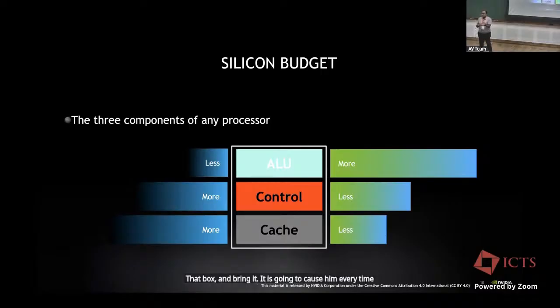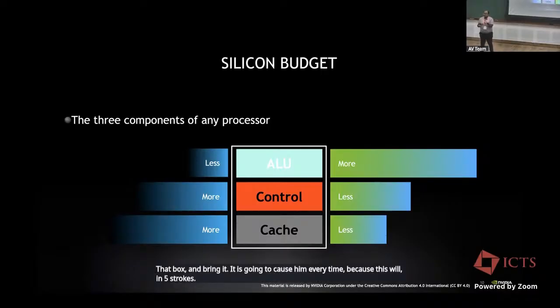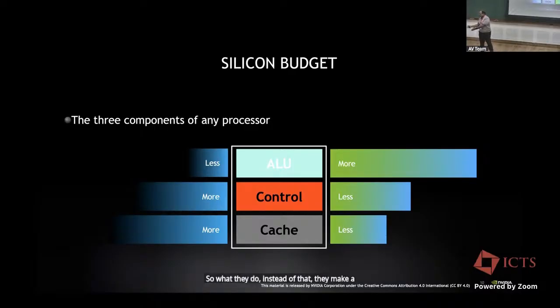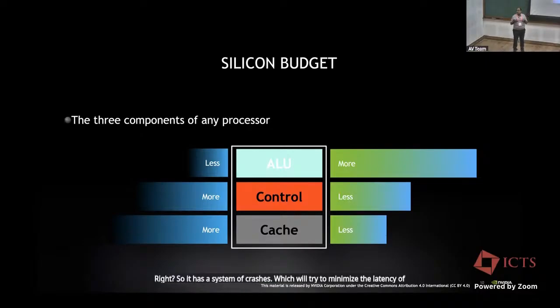Because in 5 strokes it will become empty, right? So instead of that, they make a smaller box, take it and keep it on the first floor. That is the same analogy as cache, right? So it has a system of caches which will try to minimize the latency of memory or data misses, okay?